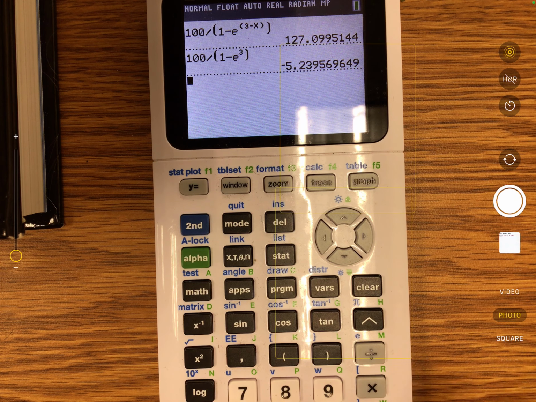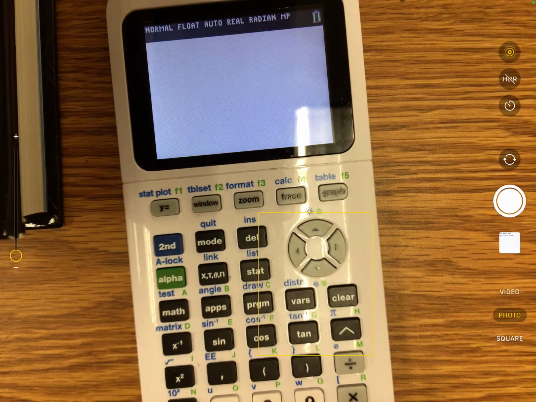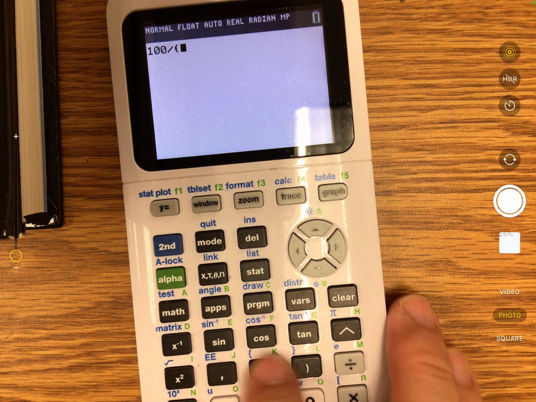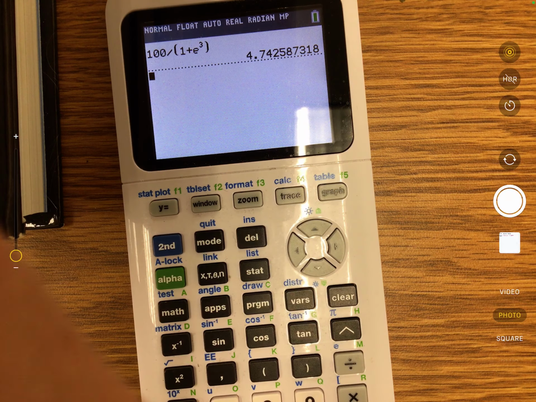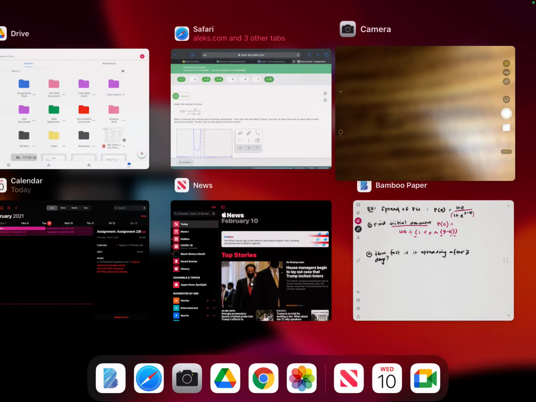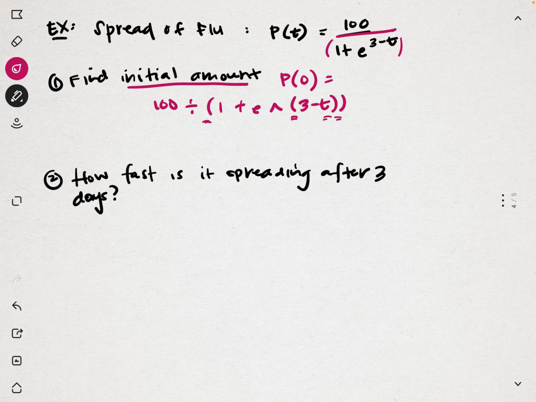Ah, it's a plus. Keep screwing it up. Clear it out. 100 divided by 1 plus e to the 3. Alright, finally. Okay, so we'll round that up to the nearest person. So that would be 5. So this is going to be 5 people.